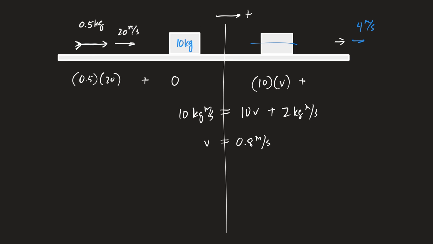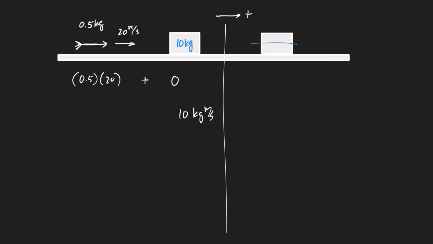How fast would the system be traveling if the arrow got stuck instead? And remember, nothing has changed about the original circumstance, so the left side is still 10. You don't have to redo anything there. It's just that now the arrow is stuck in the block. Three.